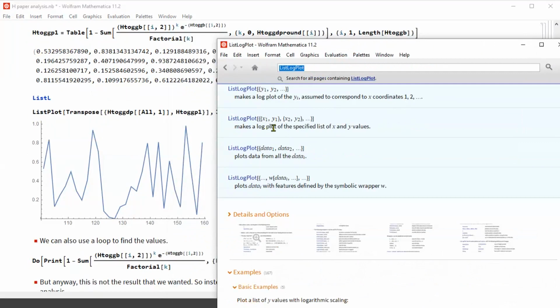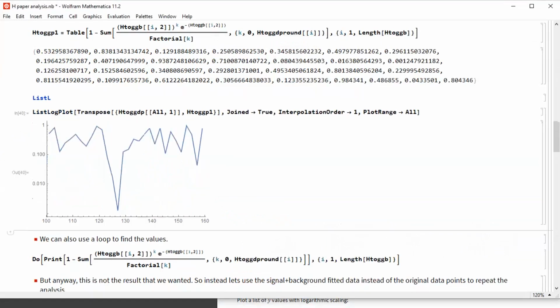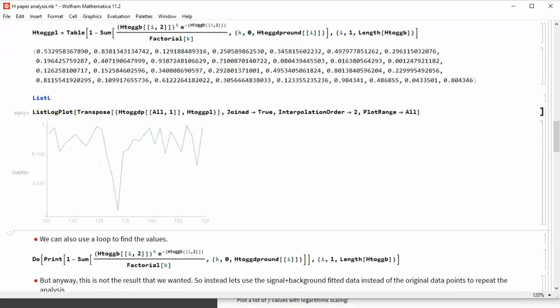And you change the plot range manually. Okay, so I'll just change this into ListLogPlot instead. It makes better sense now. Yeah, sorry. But I just want to smooth it out a bit more.